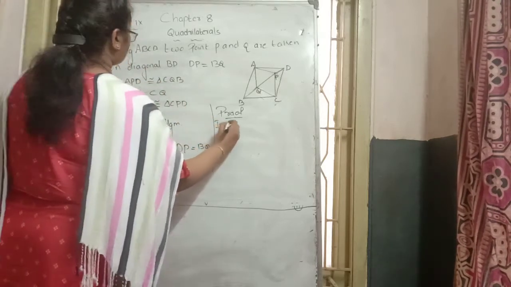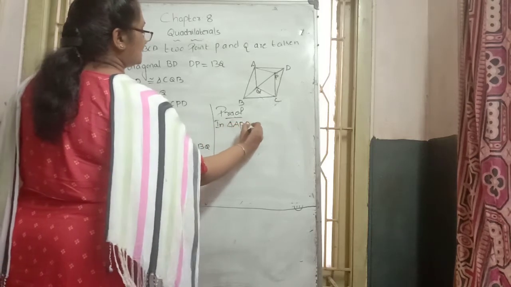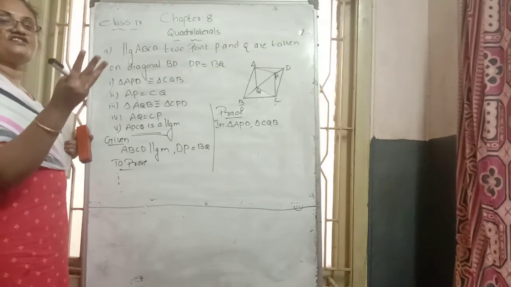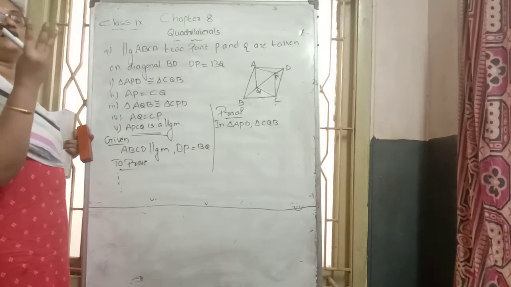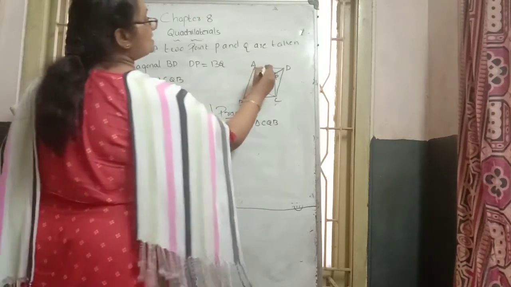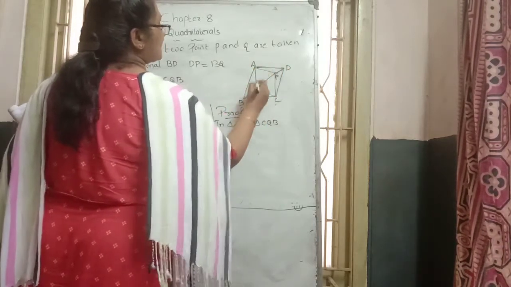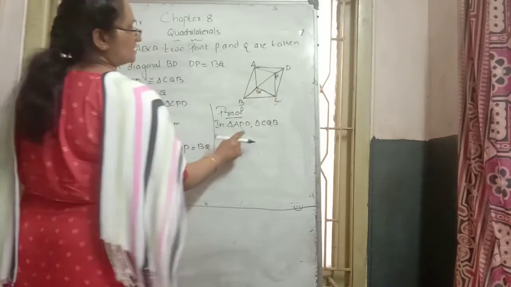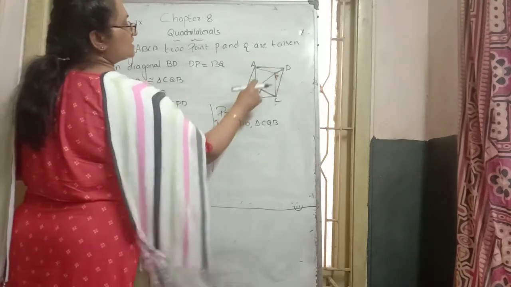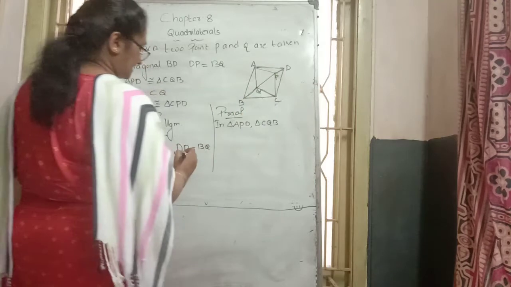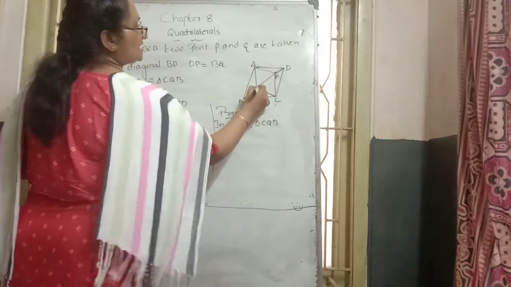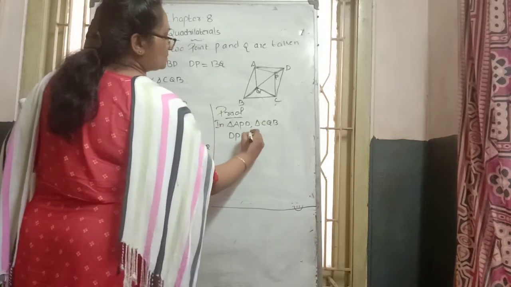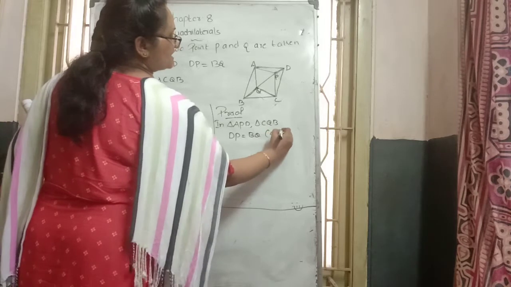We consider two triangles: triangle APD and the second triangle CQB. Considering these two triangles, we apply any 3 conditions and say which criterion they satisfy. In these two triangles, what information do we have? First, DP is equal to BQ, which is given in the question.